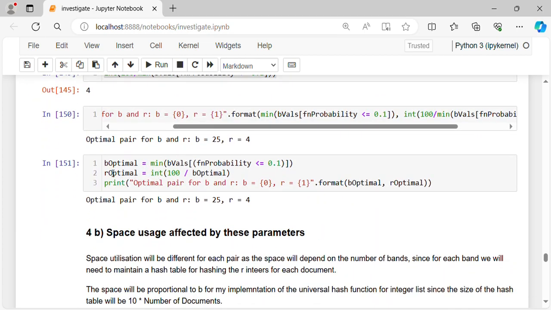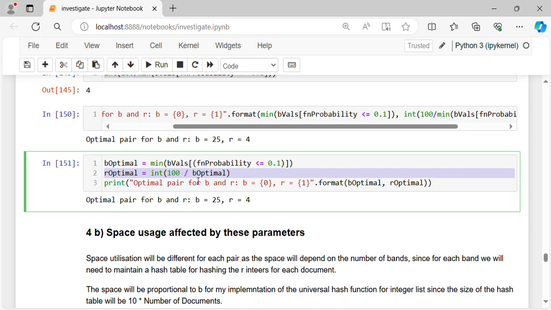So in this set of commands here, this finds the optimal B and R. Let B optimal equal the minimum of B values where Fn probability is less than or equal to 0.1, and let R optimal equal int of 100 divided by B optimal.